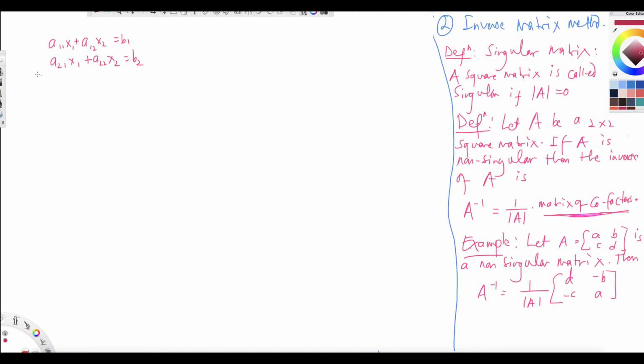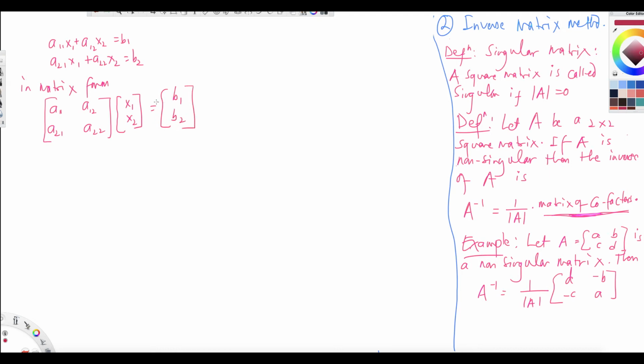What is the matrix form? You write the coefficient matrix with a11, a12, and then a21, a22, times the column x1, x2, equals the column b1, b2.